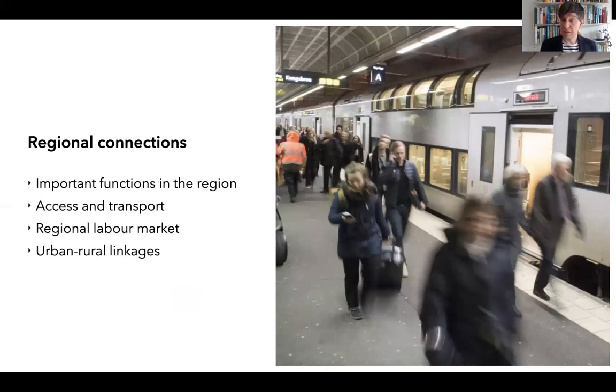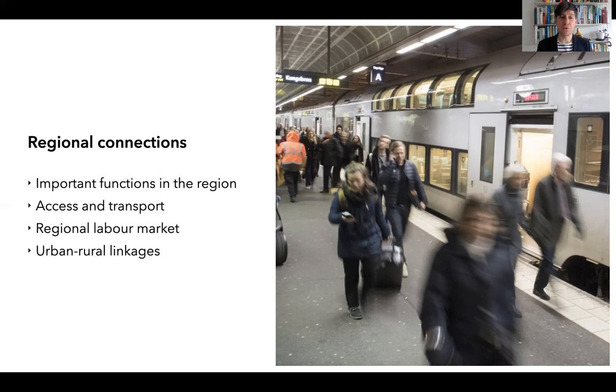Another important spatial dimension is not only the city itself, but the connection to the region. What is the context that your city is located in? I know that some of your cities, one is on a river, two are close to the sea, and Yogyakarta has many rivers, but it's a little bit distant from the sea.